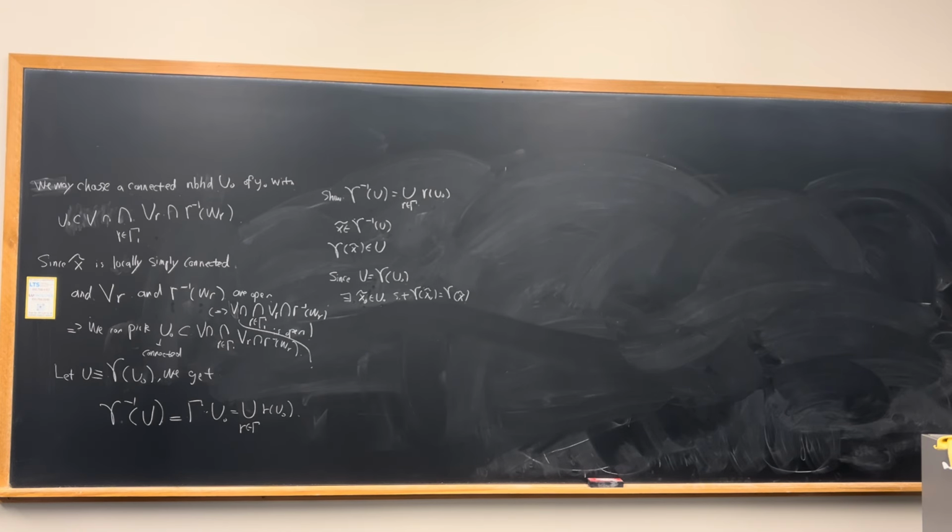We haven't shown that yet. So we can't use the covering space property, because we haven't shown that this gamma is a covering yet.